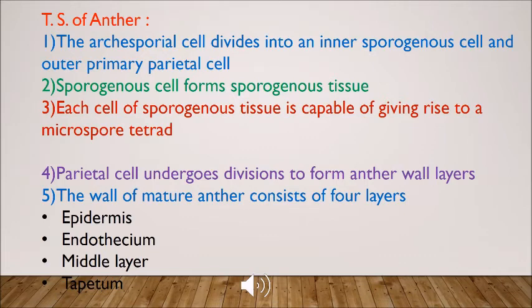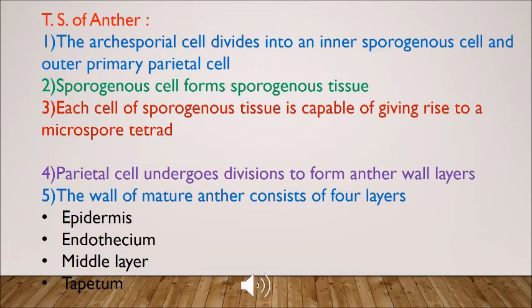So this archesporial cell divides into two types. First is the sporogenous and second is the parietal cell. The sporogenous is responsible for the internal division, and the parietal cell forms the wall layers of the anther.